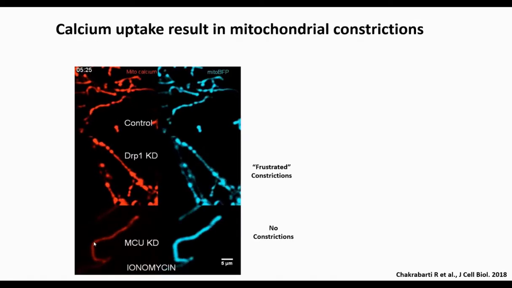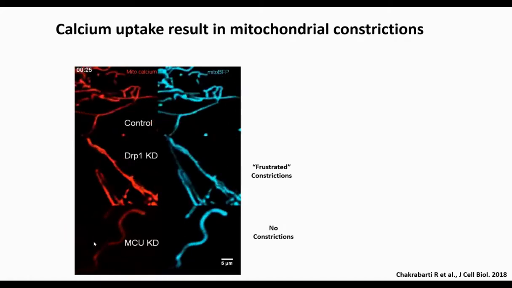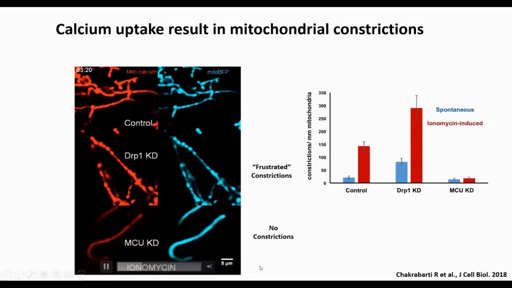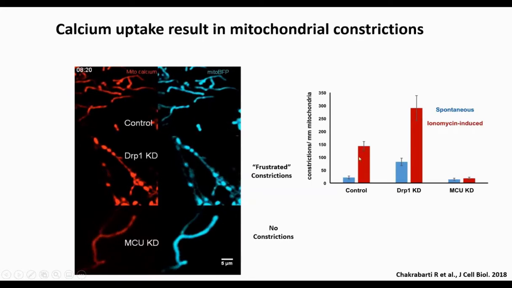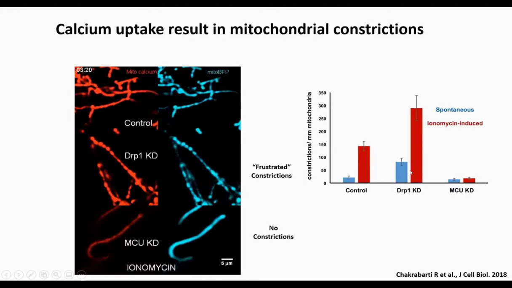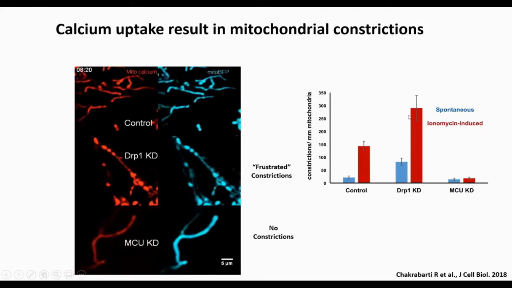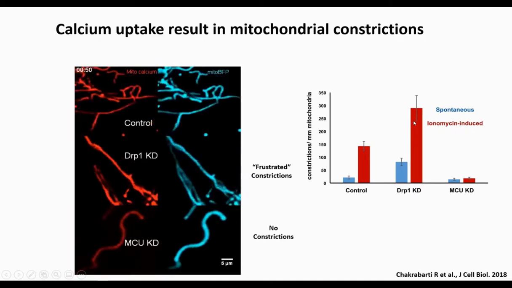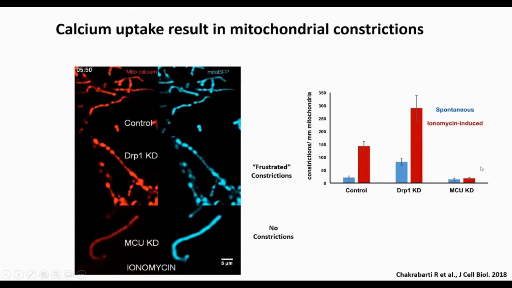So we suggested that calcium influx was somehow influencing these constrictions, which were required for mitochondrial division. So here's the quantification, where in the control cells you have a certain number of constrictions happening after calcium influx. In Rp3 knockdown, you have a lot more to start with, and then also there is a huge influx of these constrictions, and most of these do not result in mitochondrial division.